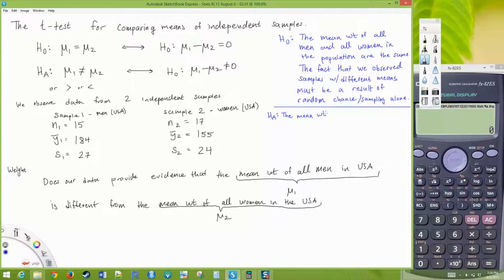The mean weights of men and women are not the same, and we observe different sample means because of random chance, and also the fact that the population means are different.